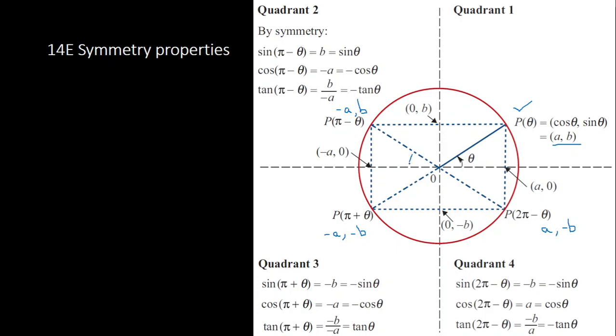So we start from the x-axis, we go all the way, we add pi, which is 180 degrees, and we minus theta, so we get that angle. As the y coordinate is the same, what it means is sine of pi minus theta, which is B, is also equal to sine of theta from the first quadrant.